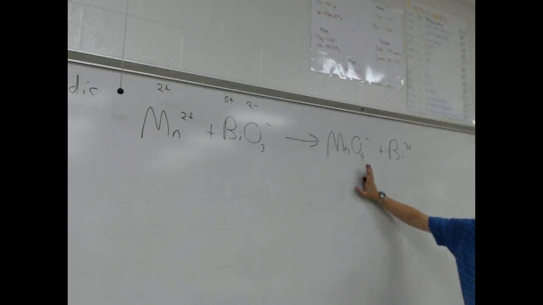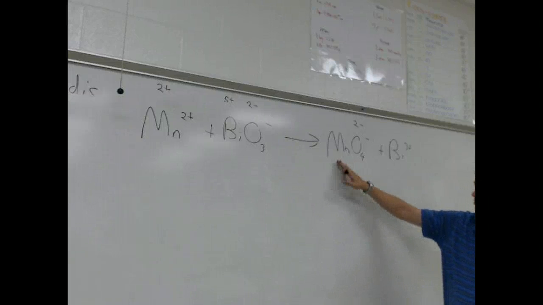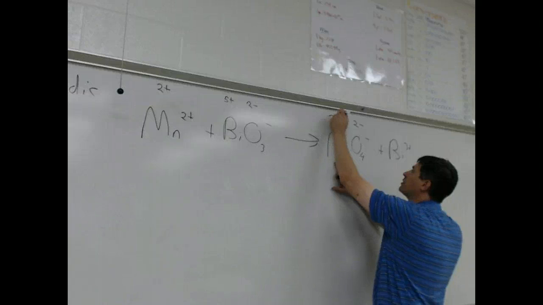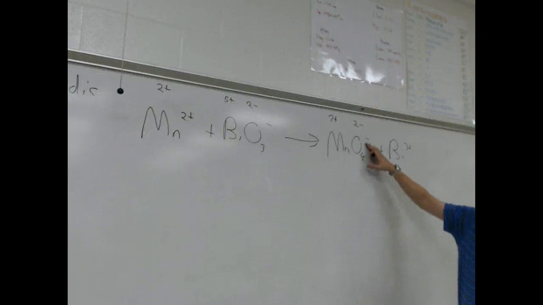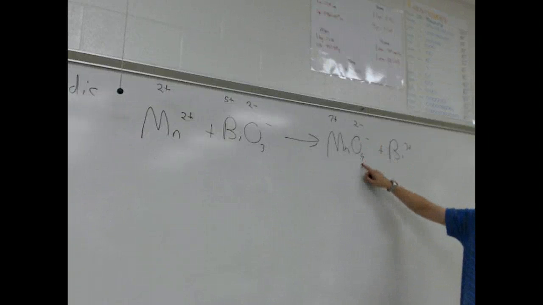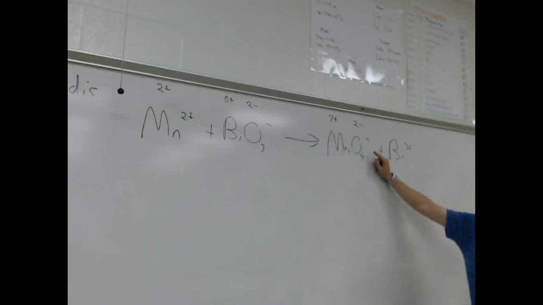What's my oxidation number of the oxygen here? 2-. So what's the manganese here? 7+. Do y'all see where he's getting this? It has to add up to 1-. Oxygen is 2-, there's 4 of them, that's 8-. So it's going to take a 7+ to get to 1-.